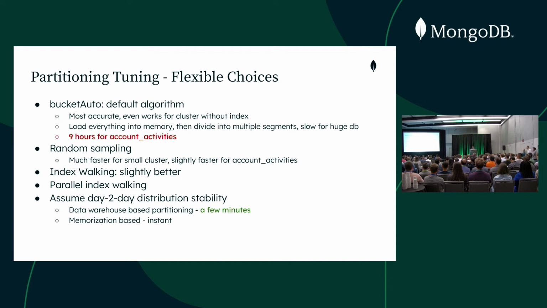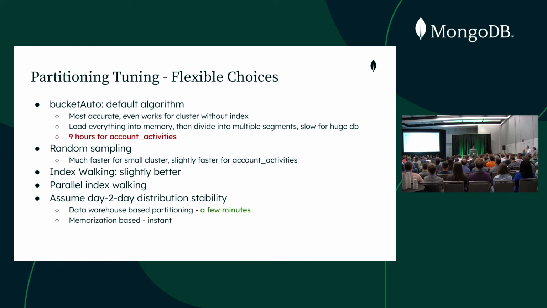This is the algorithm that provides the most accurate calculation. However, it will load all the documents into memory, and then divide them into multiple segments. This kind of algorithm is accurate, but for a huge database, it's very, very slow. So we got that 9 hours.